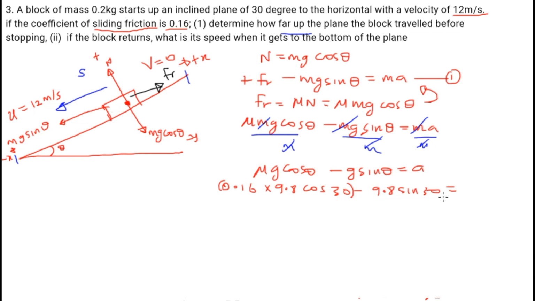So that's 0.16 multiplied by 9.8 multiplied by the cosine of 30 degrees, which is equal to 1.357, minus 9.8 sine 30 degrees, which is equal to minus 3.54. So the negative sign shows that the acceleration is down the inclined plane, that is along the negative x-axis. Now we may find the distance.